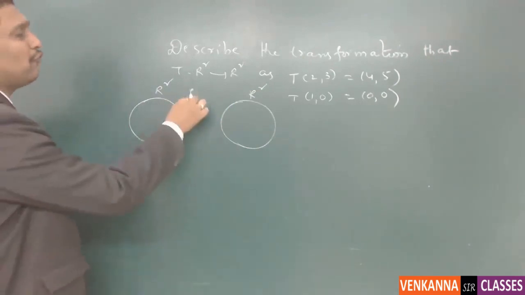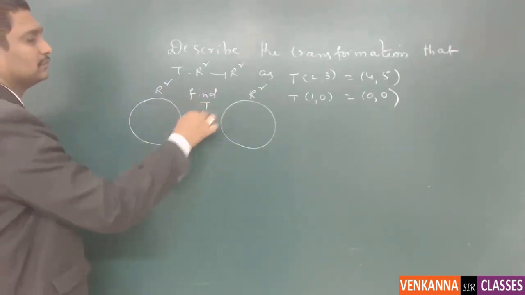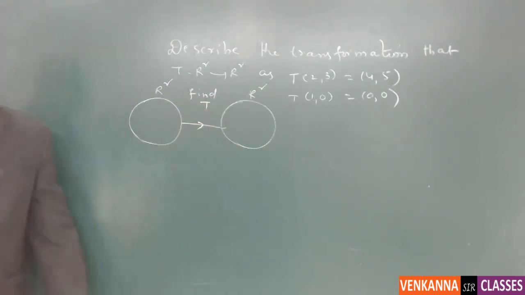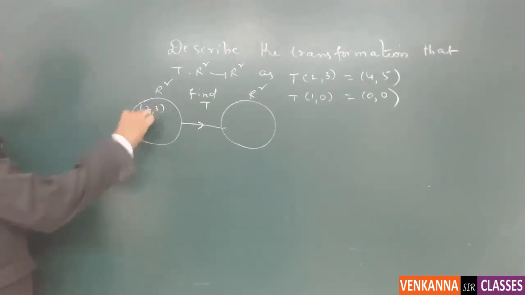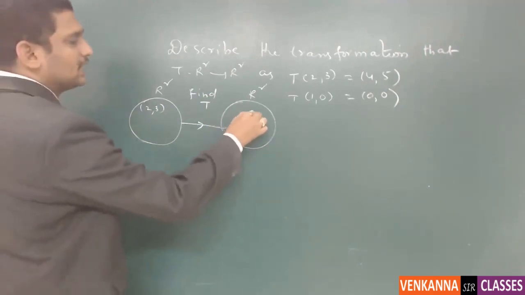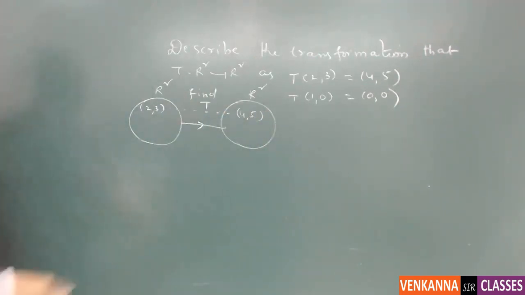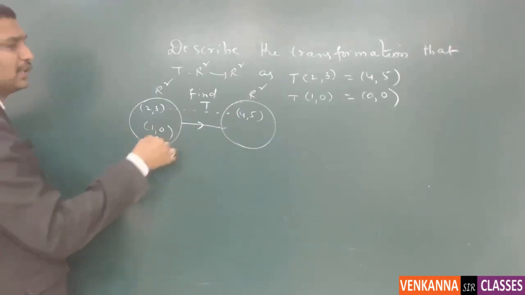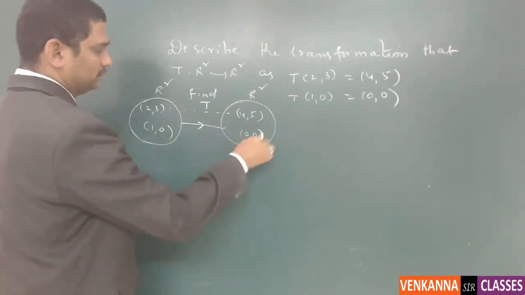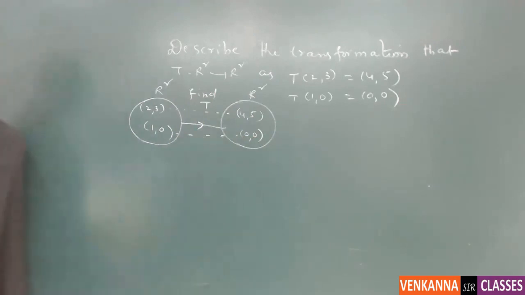I need to find T in such a manner that the image of (2, 3) is (4, 5) and the image of (1, 0) is (0, 0). So in this manner, I need to find the transformation from R square to R square. That was the objective of the question. Okay.